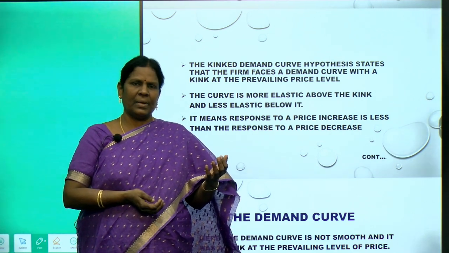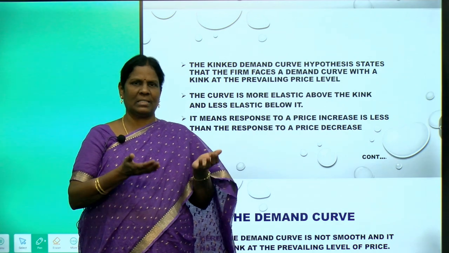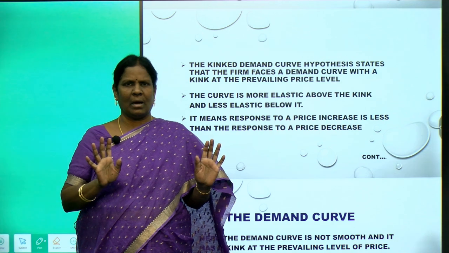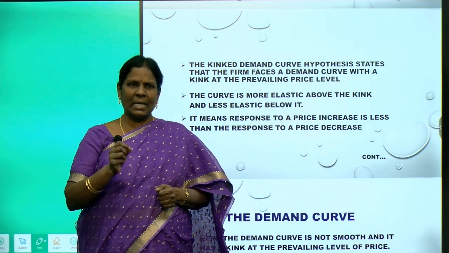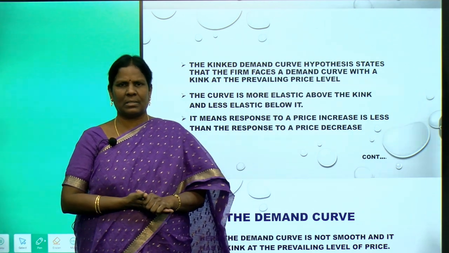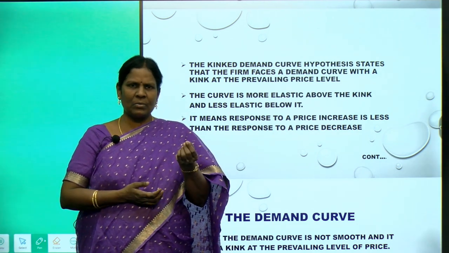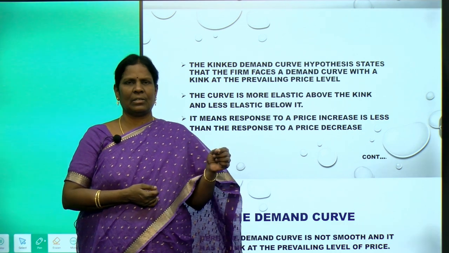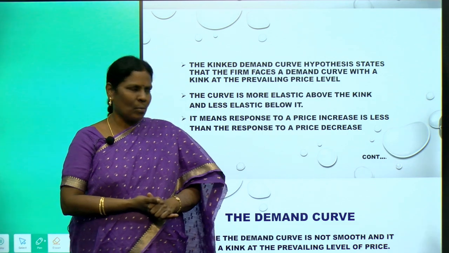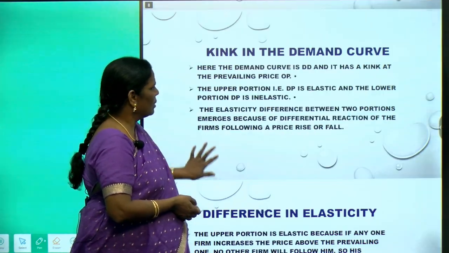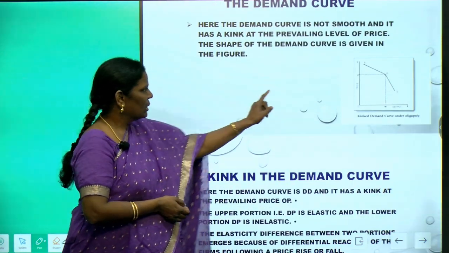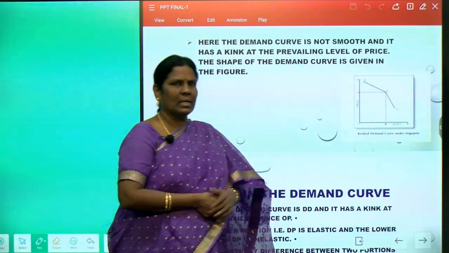If any firm wants to raise the price in view of getting profits, other firms may not follow, and hence the price-raising firm immediately loses the consumers. The responsiveness of demand in relation to a small rise in price is more. That is called the more elastic nature of the demand curve.